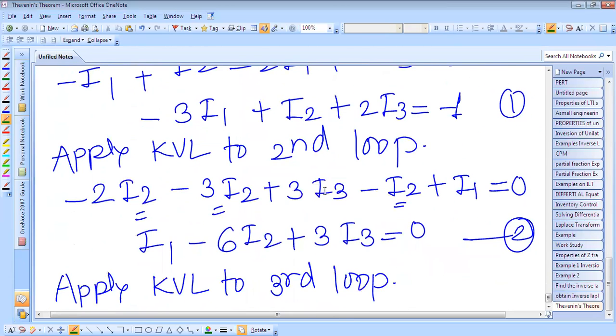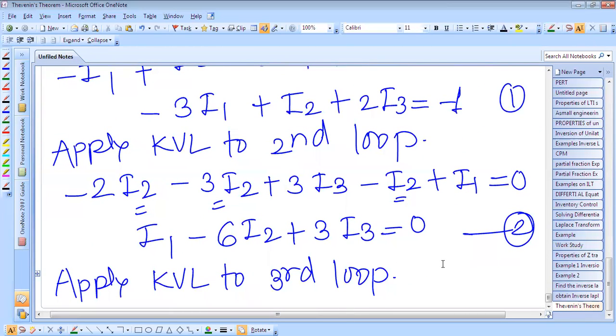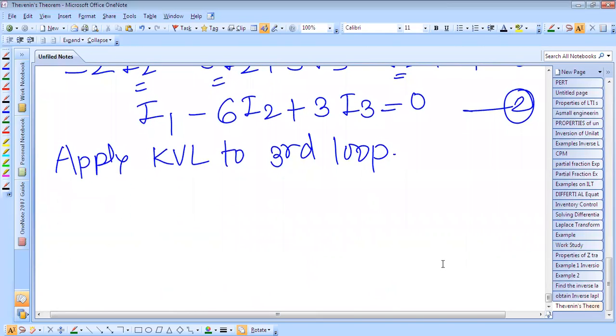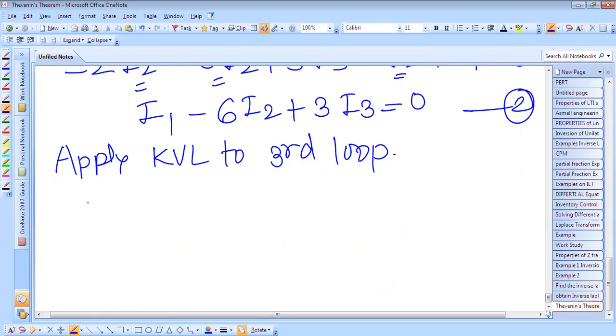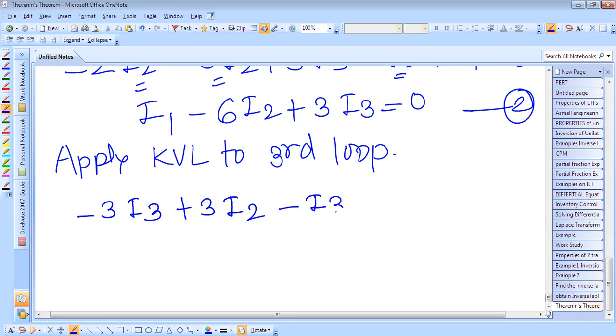Okay, so applying the KVL to this third loop. So minus 3 I3 plus 3 I2, because there is an opposite current coming. Okay, again minus I3 plus 6 minus 2 I3 plus 2 I1, and this is equal to 0.